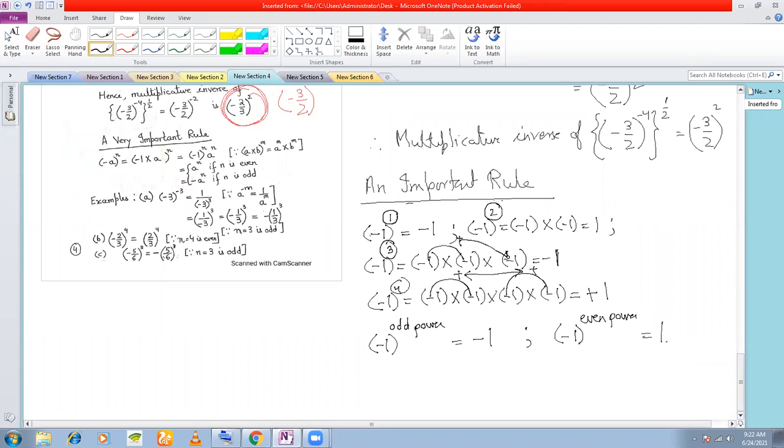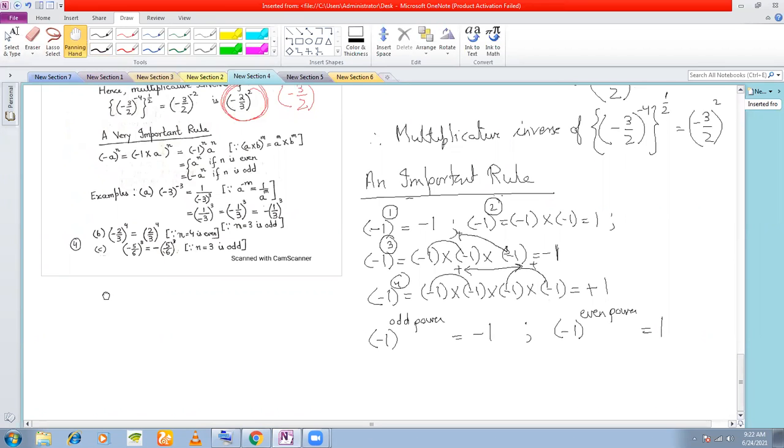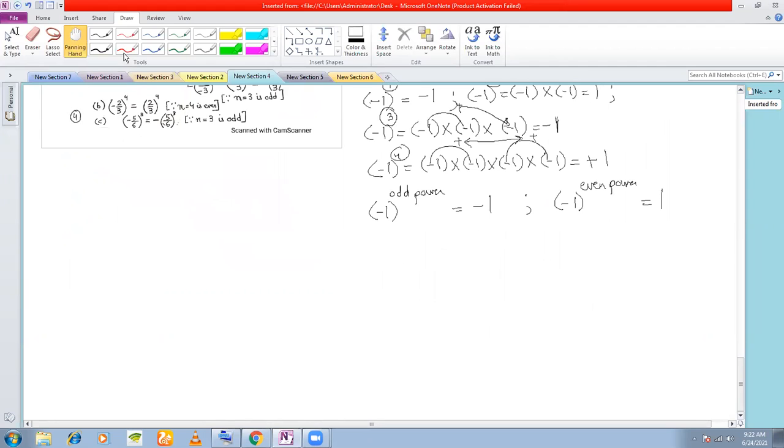Very, very important rule. Minus 1 raised to an odd power is minus 1, and when minus 1 is raised to an even power, it becomes plus 1. So now coming back to this rule, suppose I have a negative number raised to a power. Then I will have to check whether this power is even or whether this power is odd. Okay. Suppose this power is even.